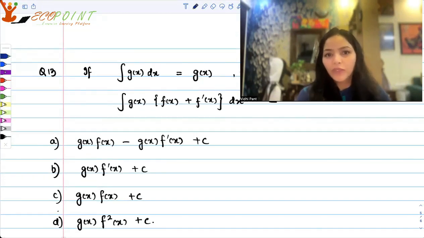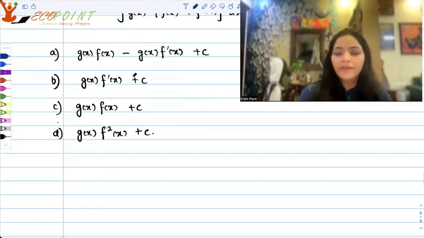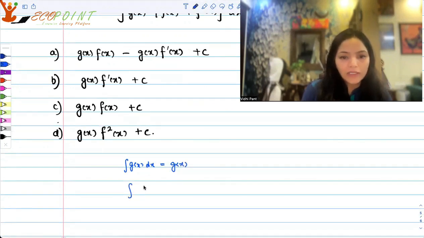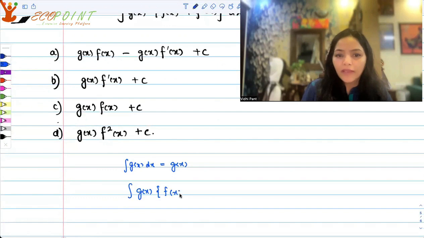So in this question, we are given that integral gx dx is just gx and fx is some function. We don't know what function it is, but it's just some function. Integral gx dx is just gx, and we are supposed to find out integral gx multiplied by some function fx plus its derivative.